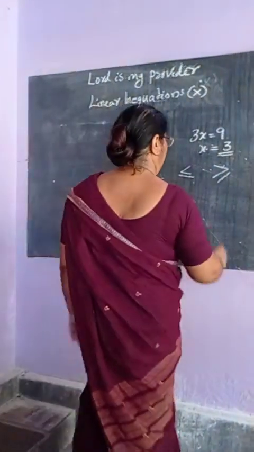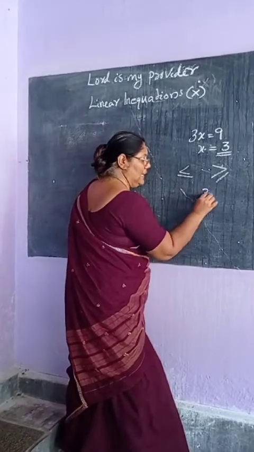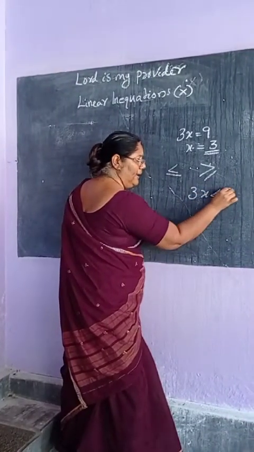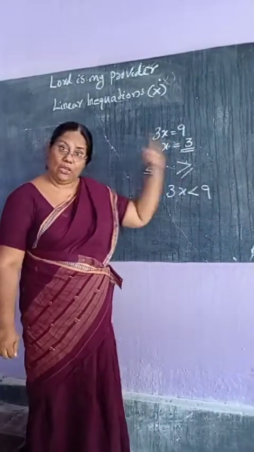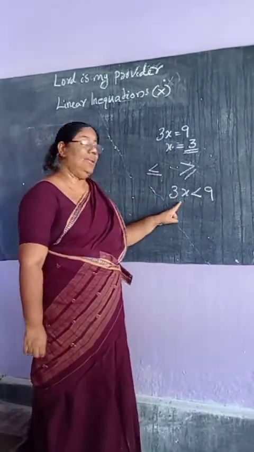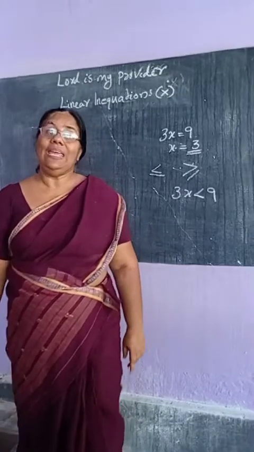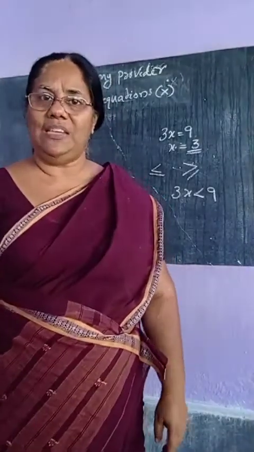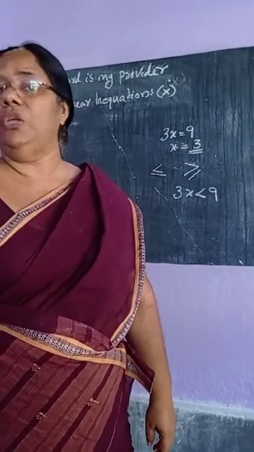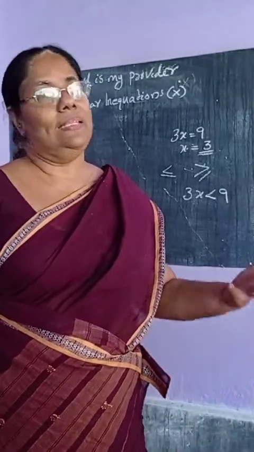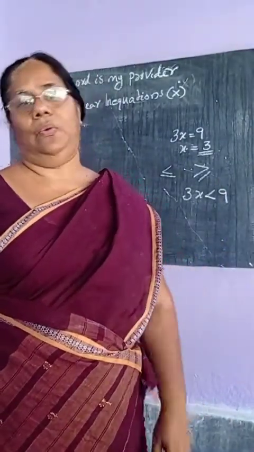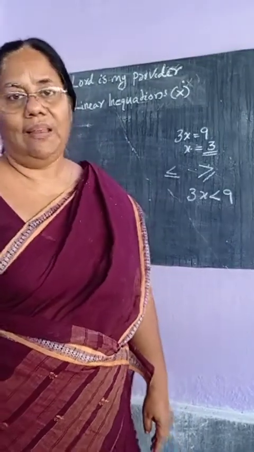Same example, if you write 3x < 9, the first one is an equation and the second one is an inequation. Understand the difference? In an inequation, we use the symbols less than, greater than, or less than or equal to, or greater than or equal to. Is it clear?